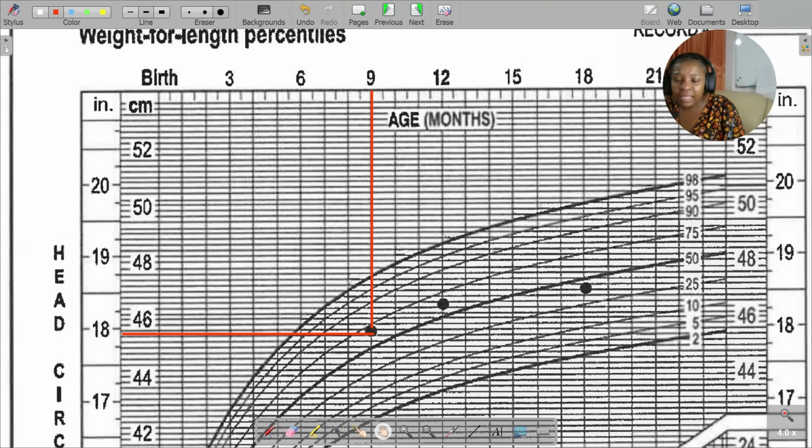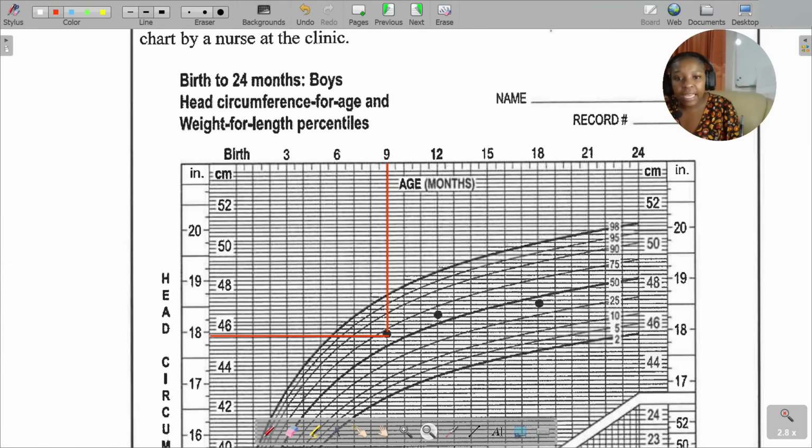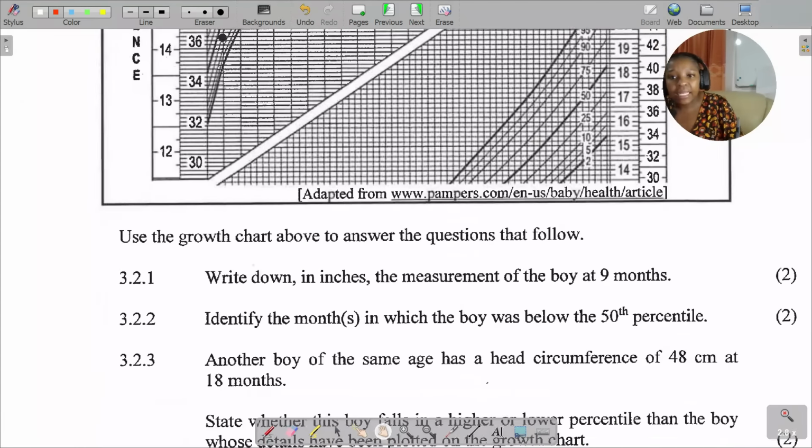Because this is 18, that means the value before is 17.9, so we can just say that it is 17.9 inches. That's basically the boy's head circumference at 9 months.